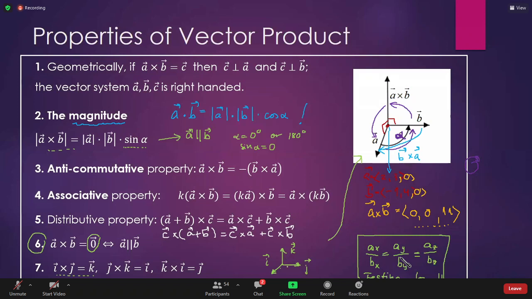Similarly, J times K: if you screw in the direction from J to K, you can imagine that the screw goes in the direction of I, and similarly, the magnitude is 1. And then from K to I, we get J. It's not alphabetical, it's cyclic. You think in terms of a cycle. From I to J, from J to K, from K to I, and so on.